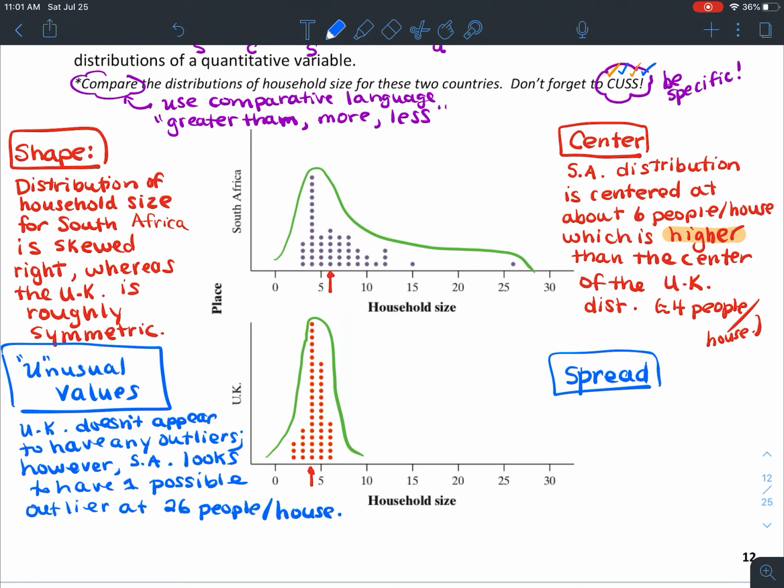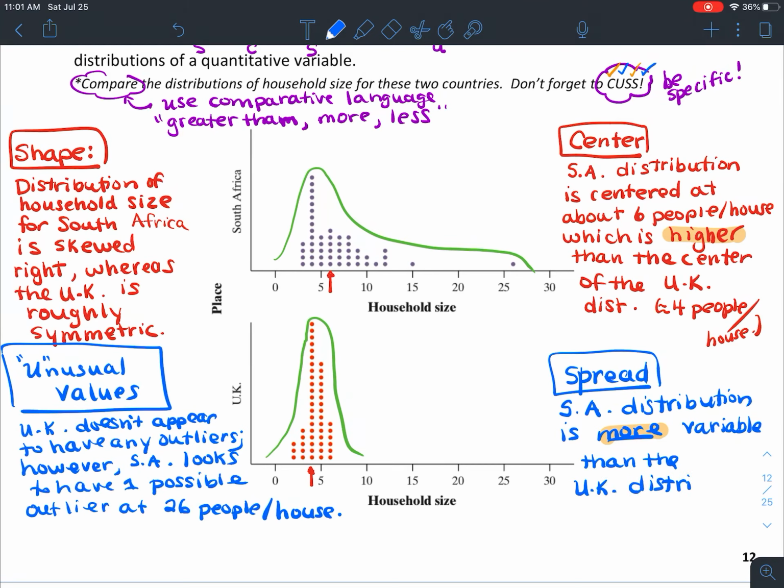So again, you want to use these comparative words and maybe say something like the South Africa distribution is, I'm going to choose the word more variable, or you could say more spread than the UK distribution. Okay, and then I'm going to cite some evidence.